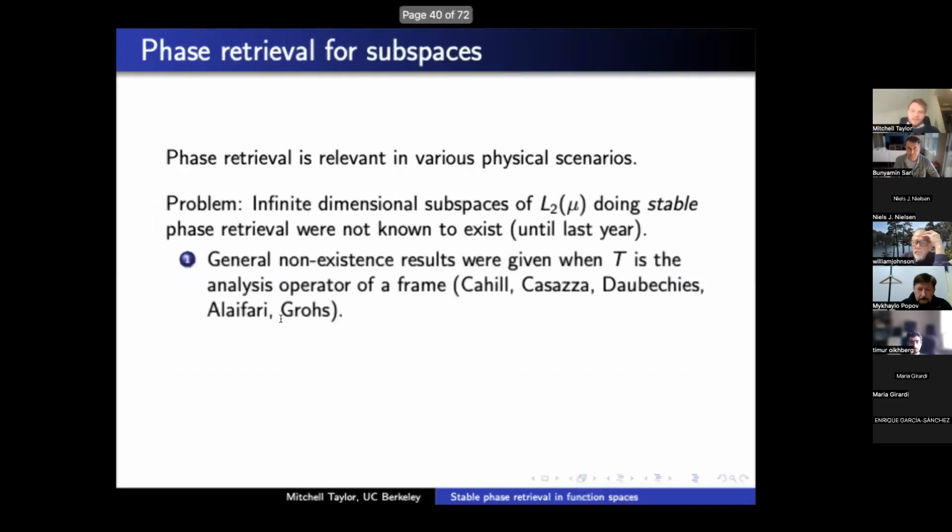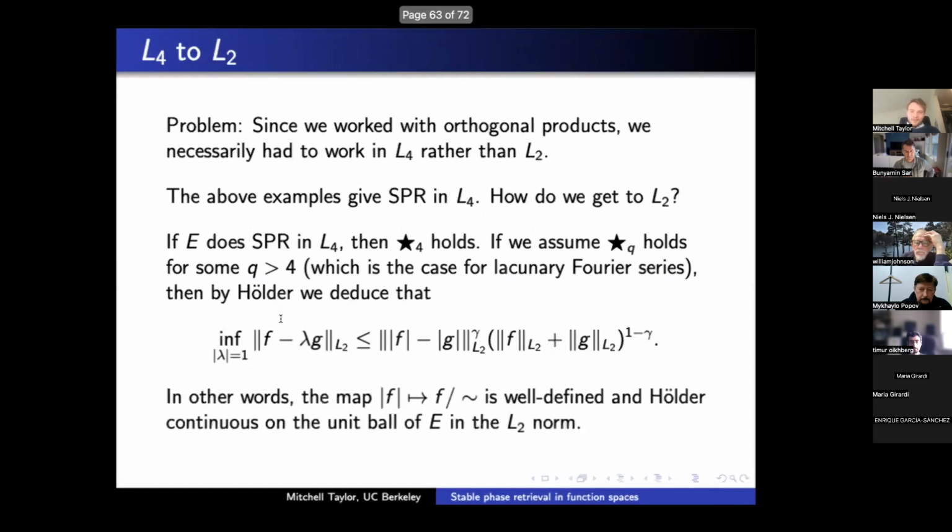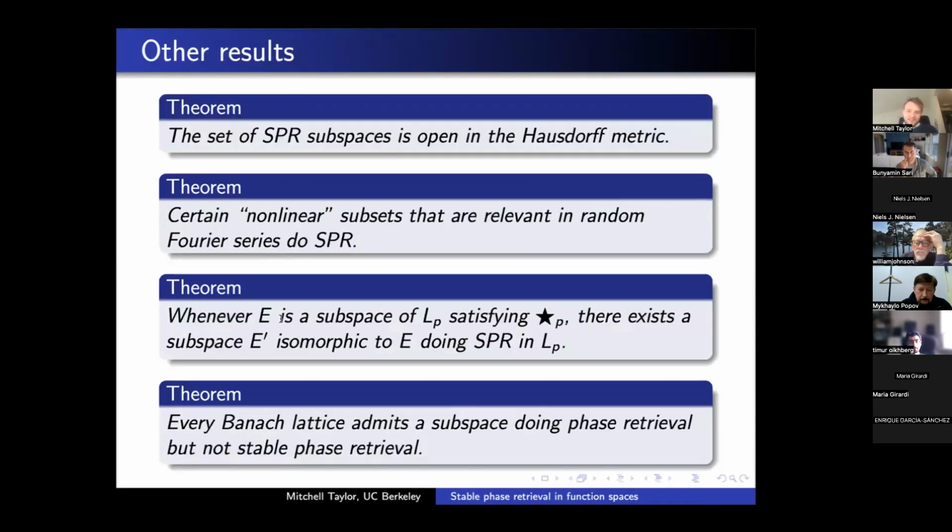So I can give you a simple answer, well, I don't know if I can give you the full answer, but you can say this at least. If you have a subspace of L_p that has no almost disjoint sequence, then I can find an isomorphic subspace that does SPR.